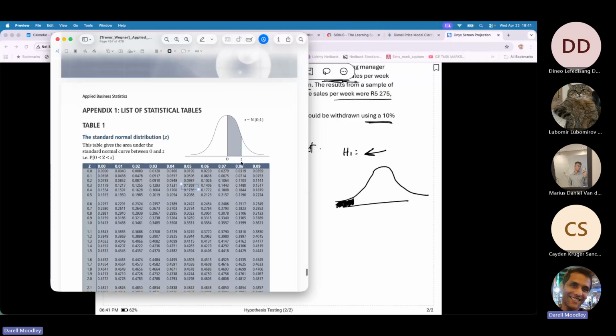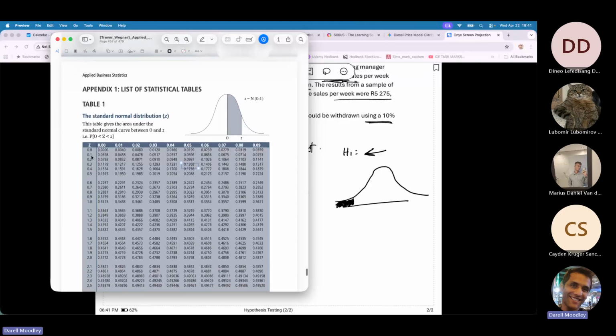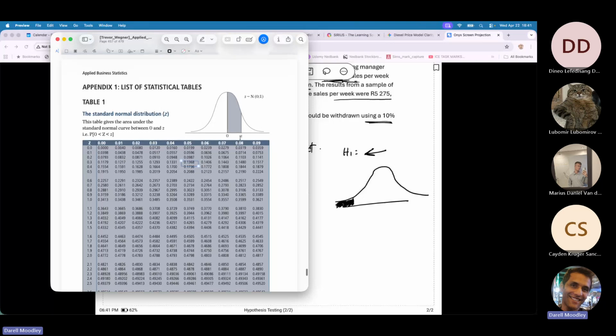For instance, if the Z value here was 0.11, there's 0.1 and there's a second decimal 0.01, so 0.11 is here.